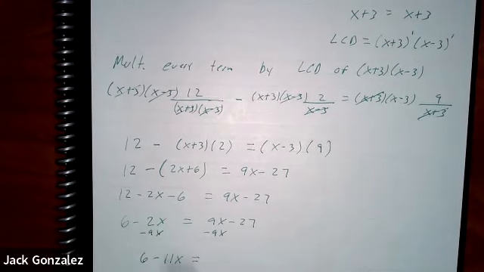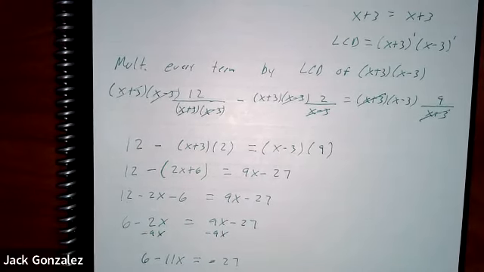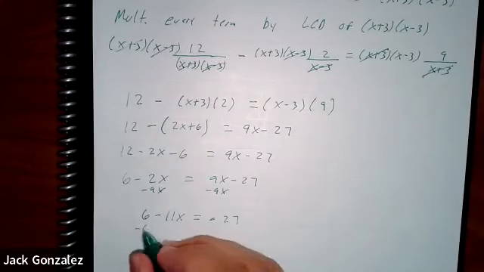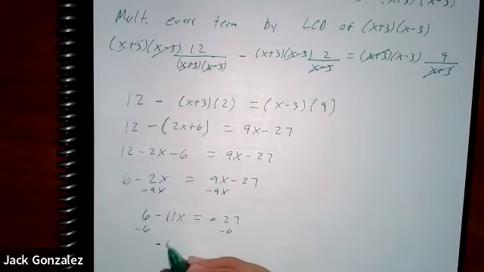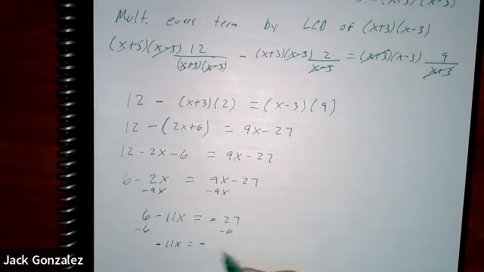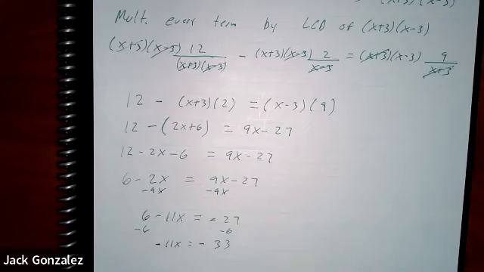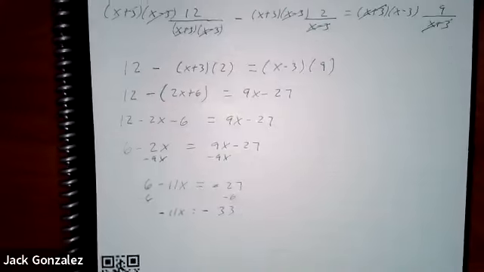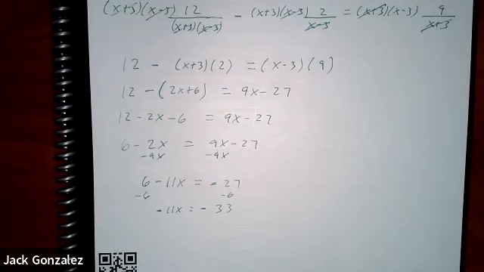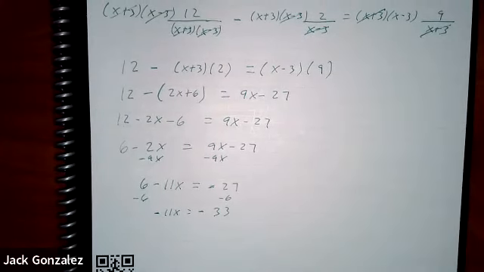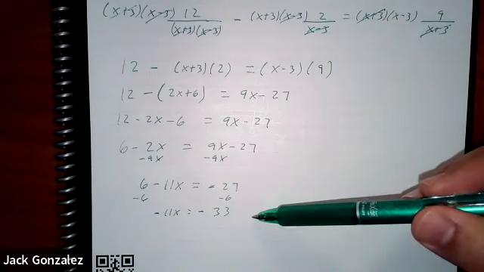Oh, 12 minus 6. Combine like terms. Negative 27 minus 6 is 33. Okay. You guys cool up to this point?